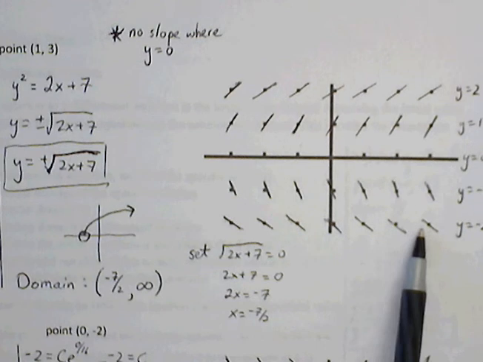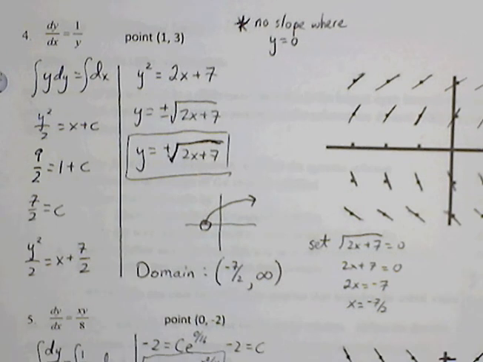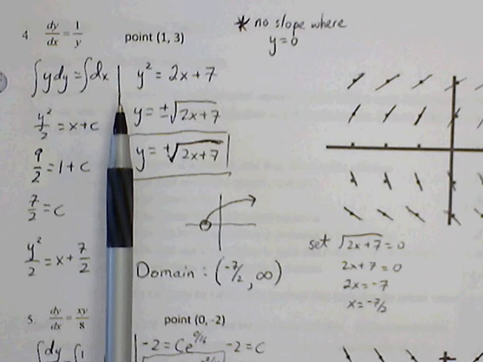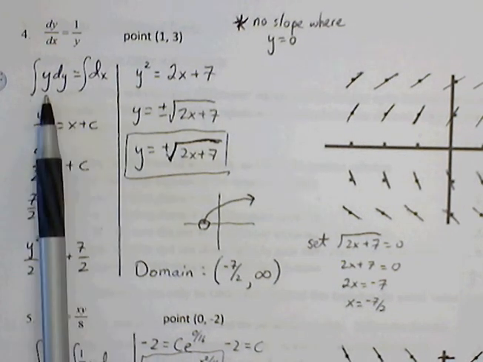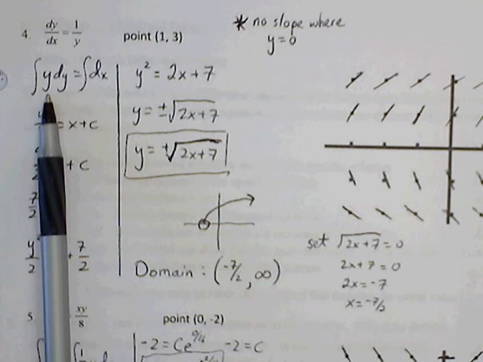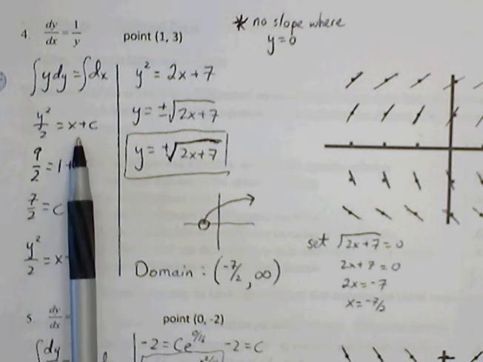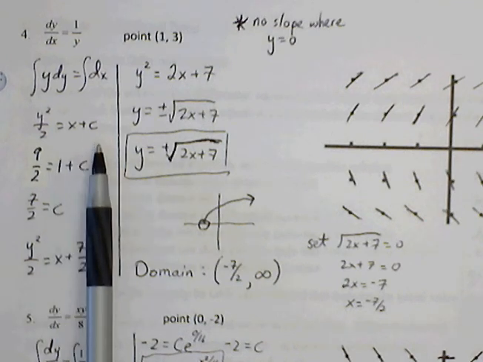So now let's see if we can solve our differential equation. Separate the variables. Let's get the y's on the left, the x's on the right. Take the integral of both sides. Integral of y is simply going to be y squared over 2 is equal to x plus c. At this point, we can plug in the ordered pair. I'm going to go ahead and find the ordered pair at this point.